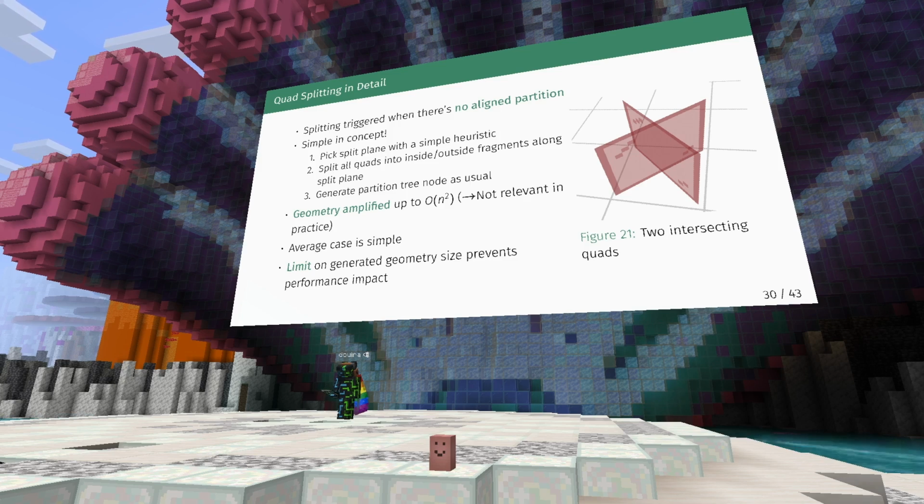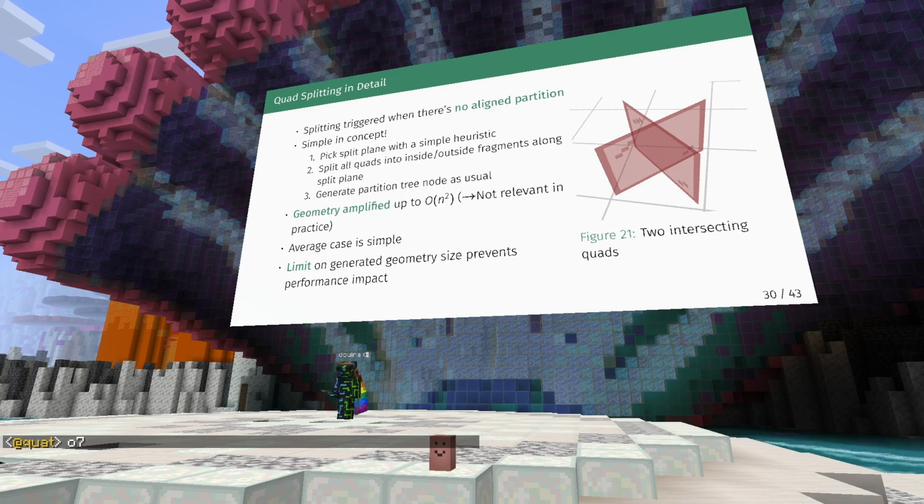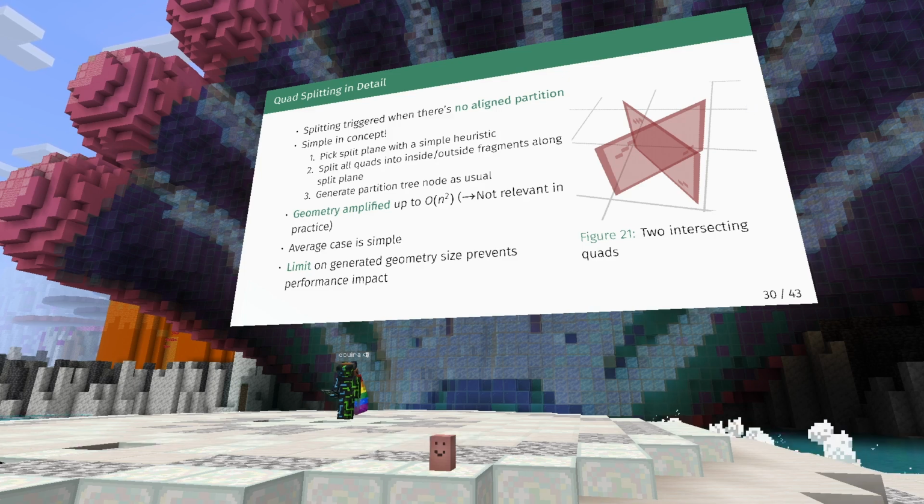Those don't hit the really weird cases usually. And this results in a partition tree where there are parts of the quad on both sides, that we generated by splitting. We also need to do some gymnastics to amend the mesh by the new quads that we added through splitting. But that works.